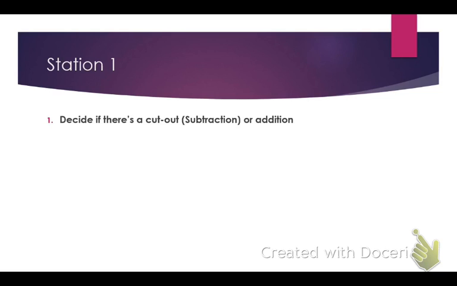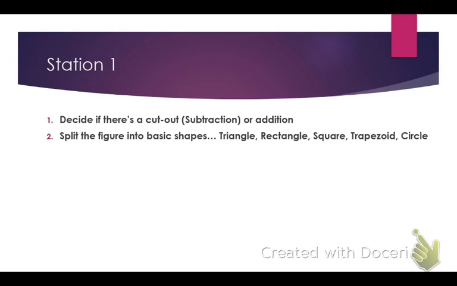Okay? Step 2 is to split the figure into basic shapes. Sometimes you don't have to, sometimes they're already done for you like we are going to do today. So the basic shapes are rectangle, square, triangle, trapezoid, circle. You don't have to list them if you know what I mean by basic shapes. Step 3 is to find the area of each.